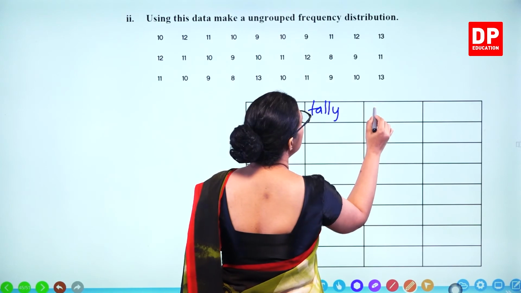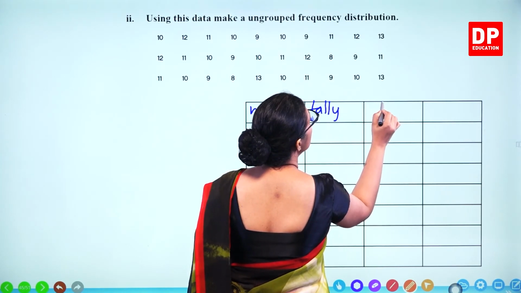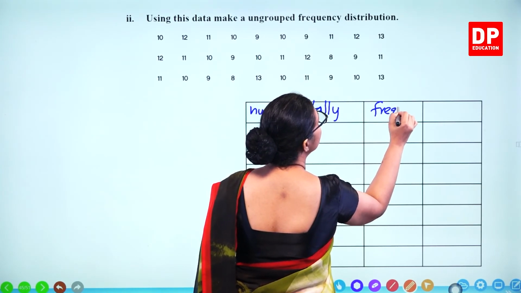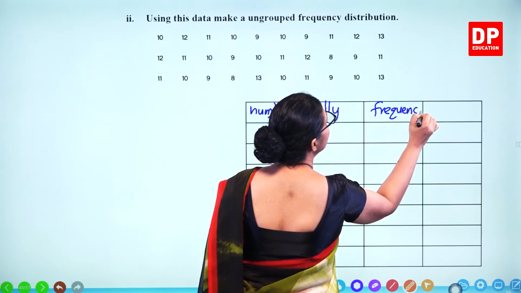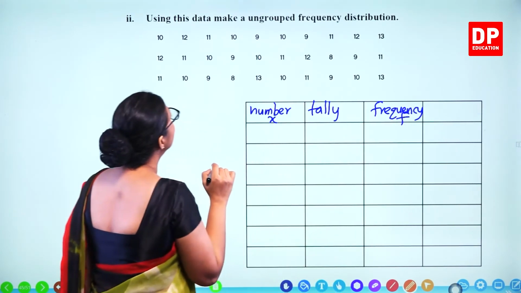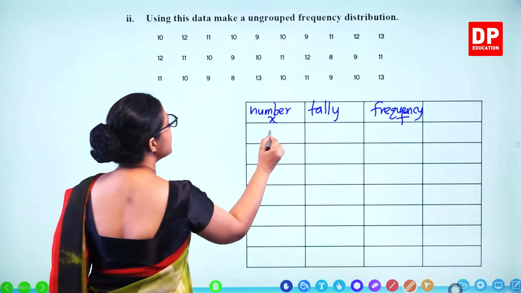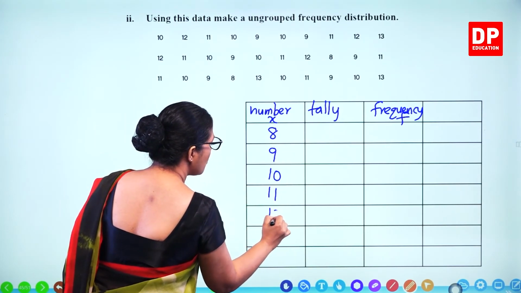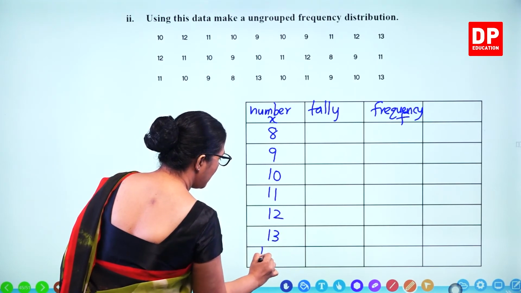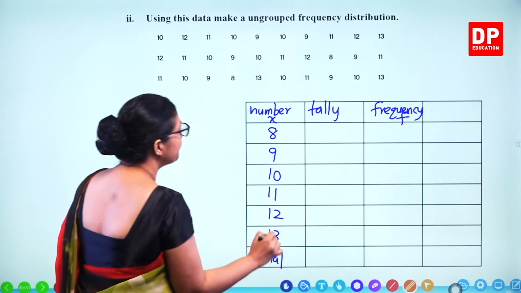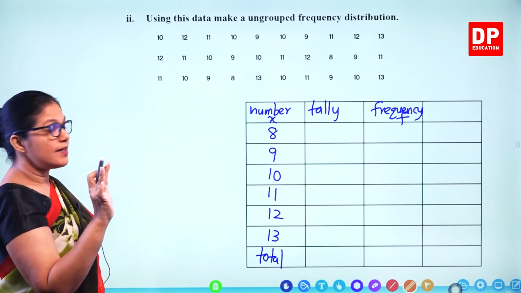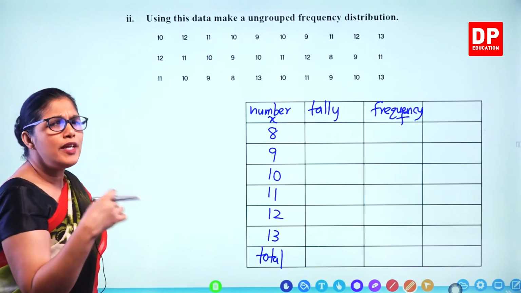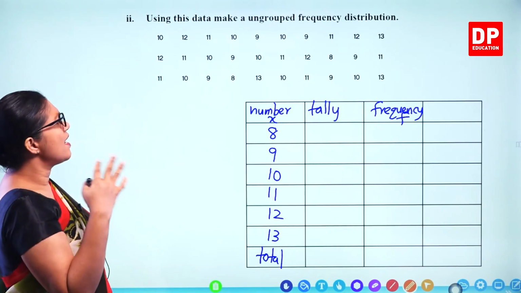And then the count, that's called frequency, f. So from 8, lowest is 8, 8, 9, 10, 11, 12, 13. And we'll write total. Now when you're marking the tallies, no need to count how many 8s are there, how many 9s.